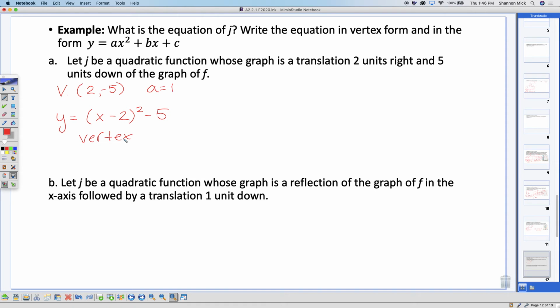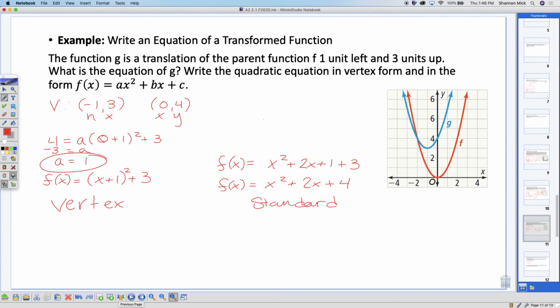Where'd you get the A from again? Because we already calculated back here that A was 1. So we already know that A is 1, because all we're doing is taking this F, the red, and we're translating it or reflecting it, but we're not doing anything else. So it's always going to be 1, because it didn't tell us any other information.